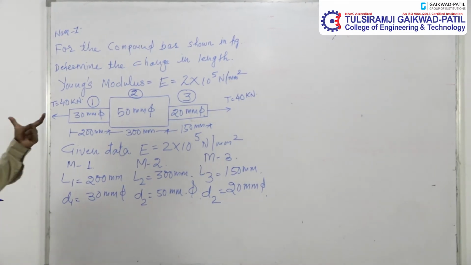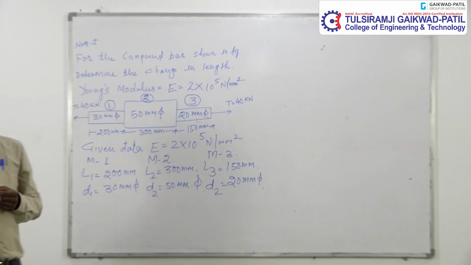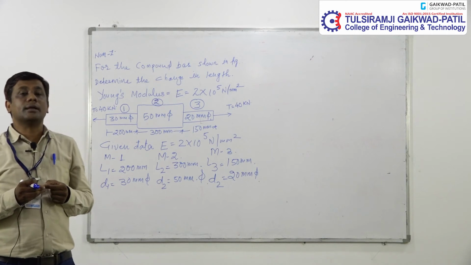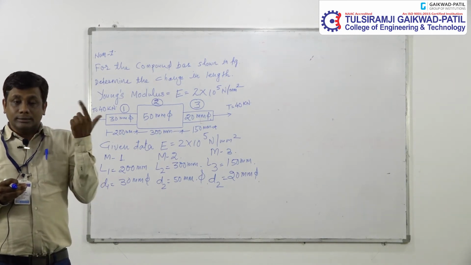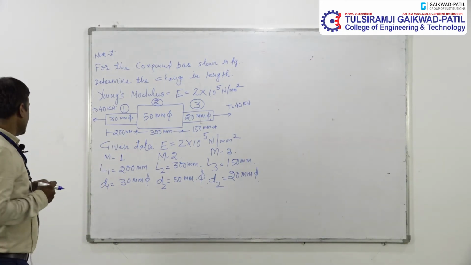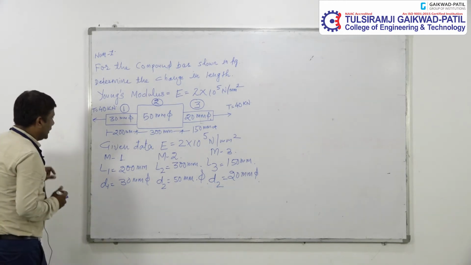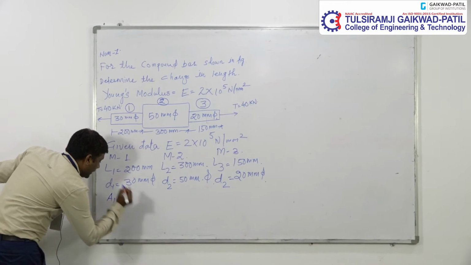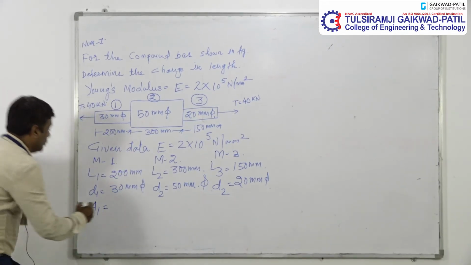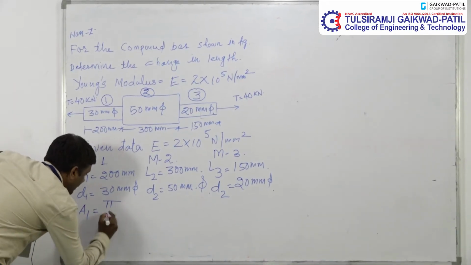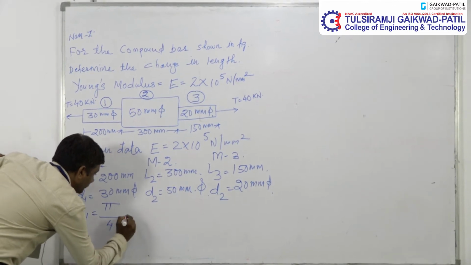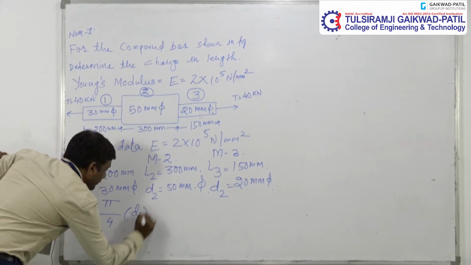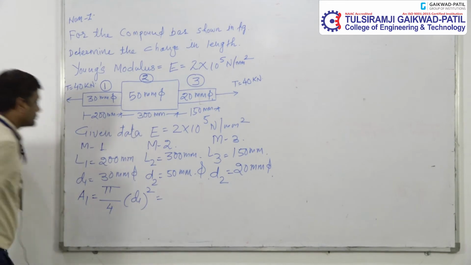Because here the dimensions are not given in terms of radius, they are given in terms of diameter. That's why for material number 1, I can calculate the area A1 by using the formula pi by 4 into d1 whole square.